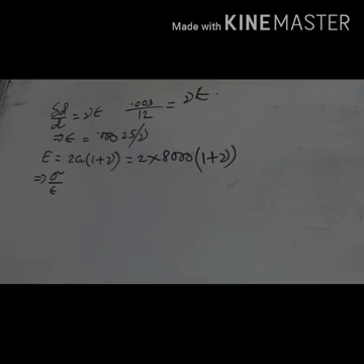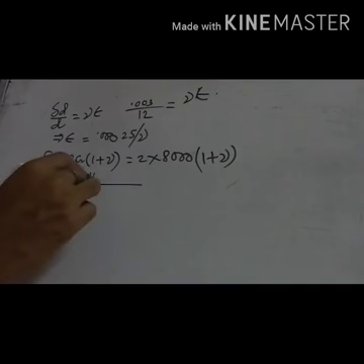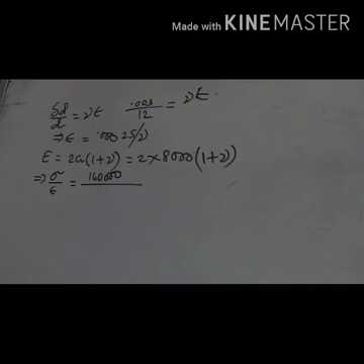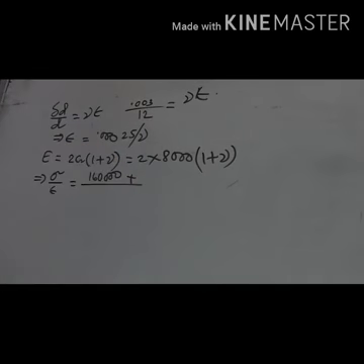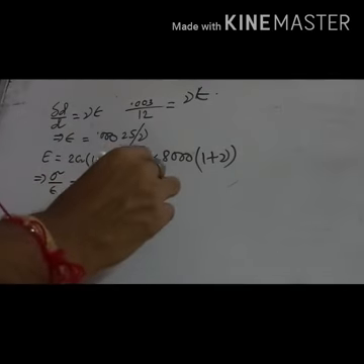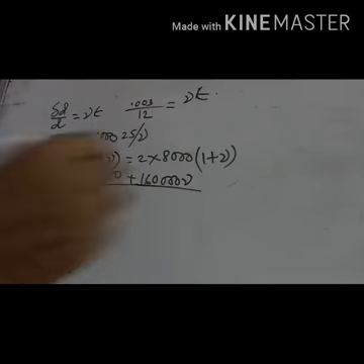After calculation you get 160,000 plus 160,000 nu.